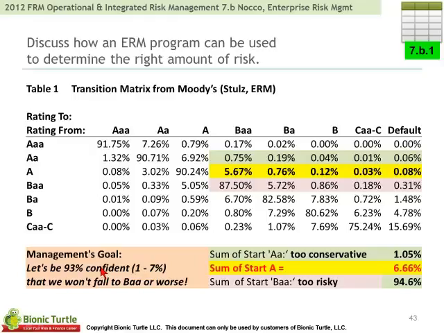So in this example, management articulates the risk appetite with the following statement: let us be 93% confident that over the period our rating won't fall to, you can see, BAA or worse. And so notice it's a probabilistic statement.